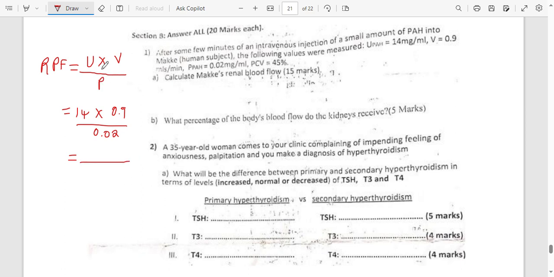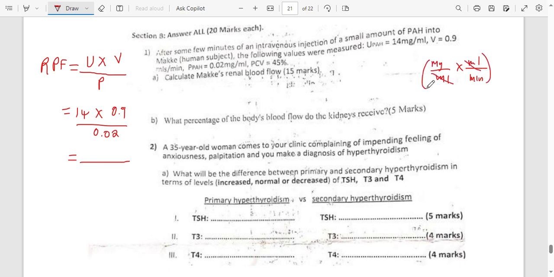You can also look at the units. U is in milligrams per mil, times V, which is in mils per minute, so mil and mil cancel out.